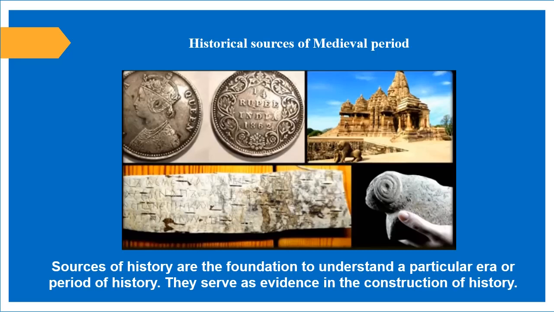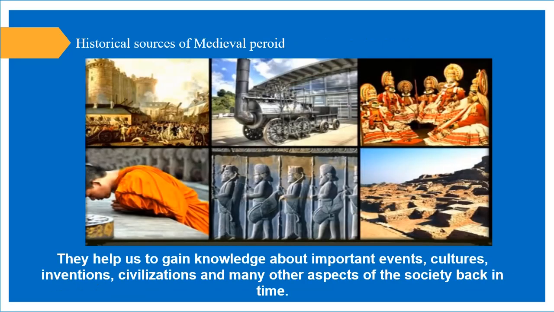All the sources of history act as an evidence in the construction of history. They help us to gain knowledge about important events, cultures, inventions, civilizations, and many other aspects of the society back in time.